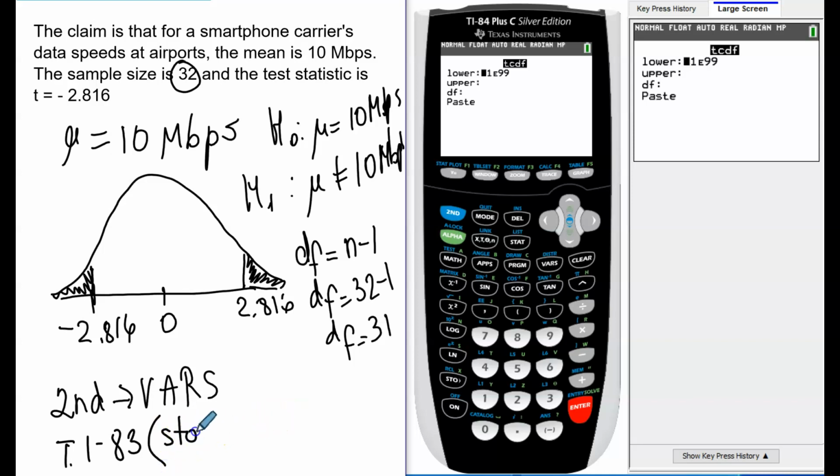First is the starting t-value, starting point. Second is the ending t-value point, and finally degrees of freedom.